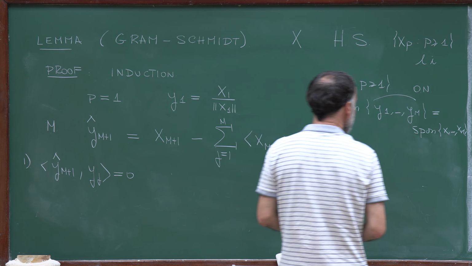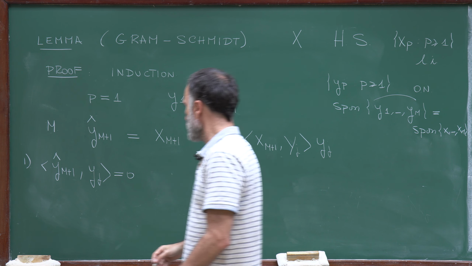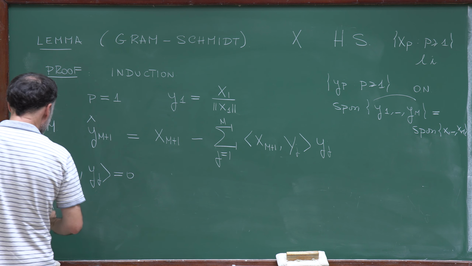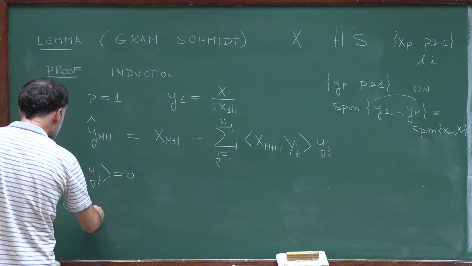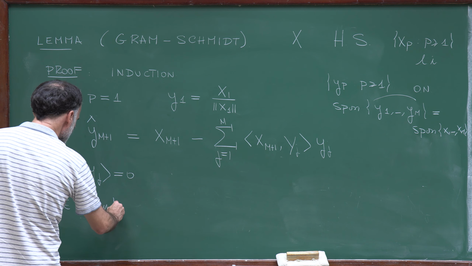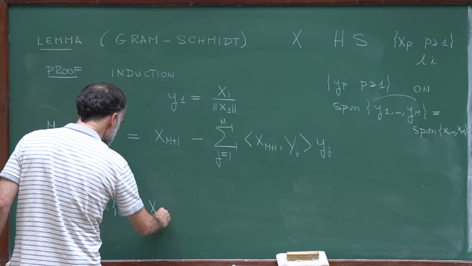Then my second claim is that these two spans are equal now if I replace m by m plus 1. So let's check that. Let's say that we take x in the linear span of x1 up to x_{m+1}.